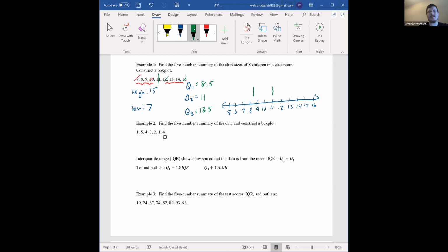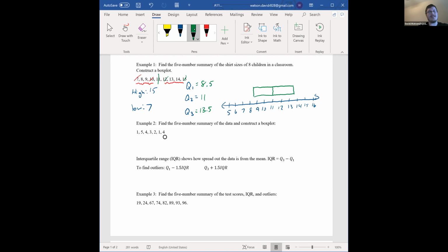And Q3 is 13.5. And draw another line there. Now all we need to do is connect these lines up into a box. All right, that's half of it.